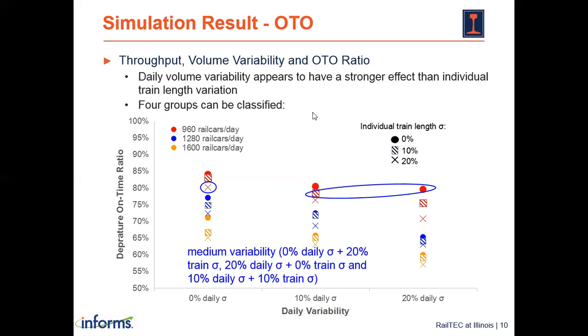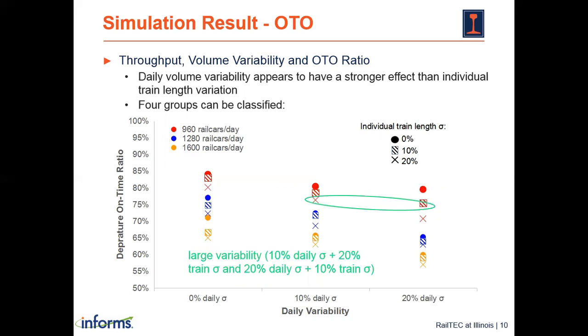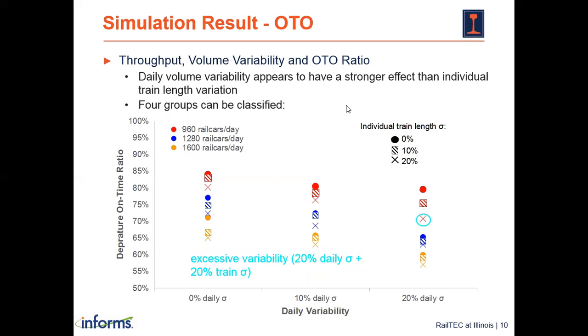Larger variability starts to harm the yard with some or even higher variation in daily volume or individual train length. Lastly, extreme variability causes significant loss in the yard performance, which should generally be avoided in practice.